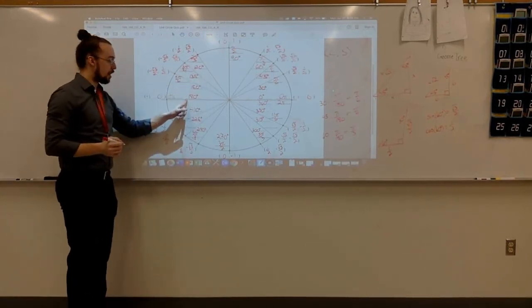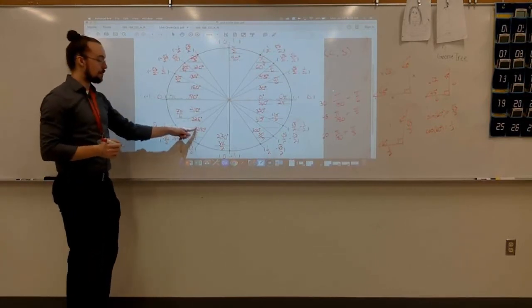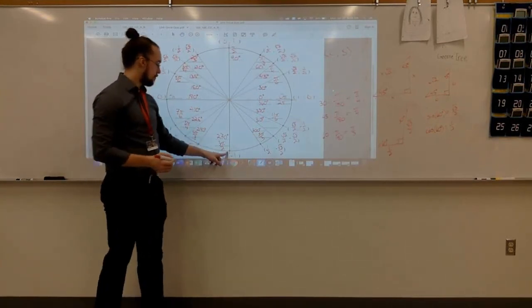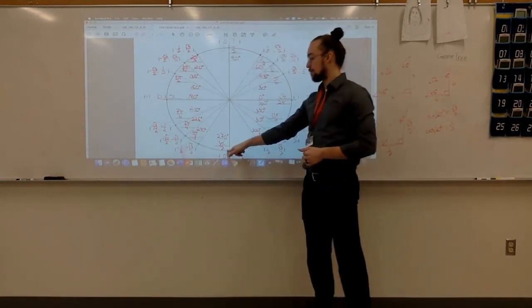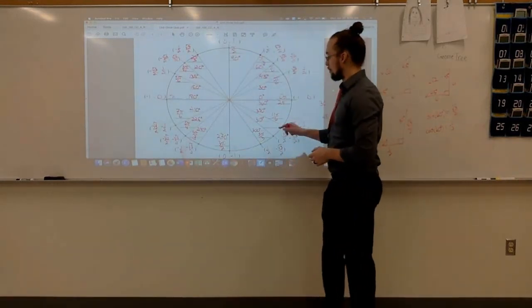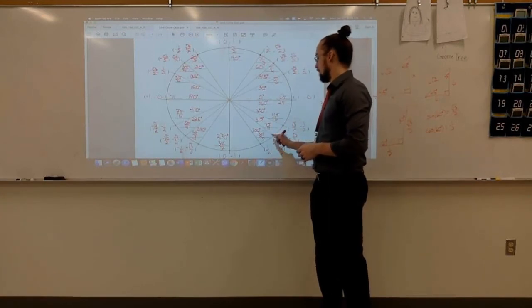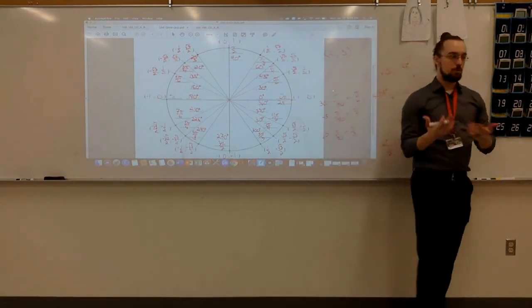Then another 45 would be 4 pi over 4, then 5 pi over 4, then 6 pi over 4. We already have this as 3 pi over 2. Another 45 would be 7 pi over 4, and another 45 would be 8 pi over 4, or 2 pi.